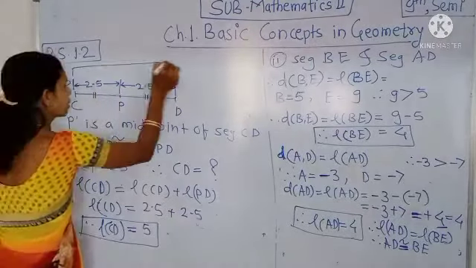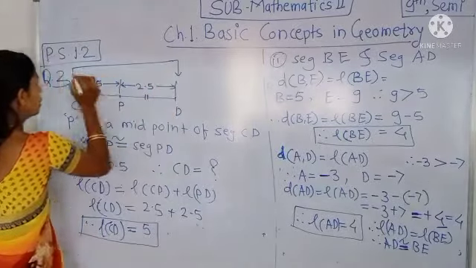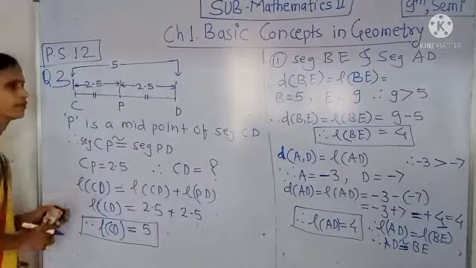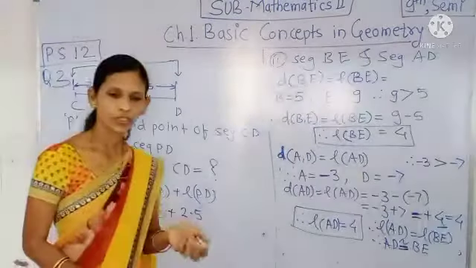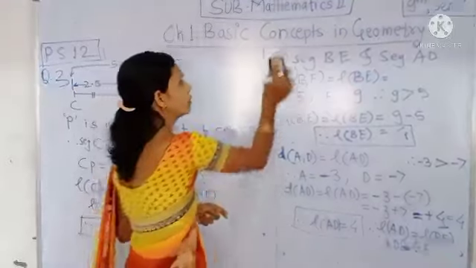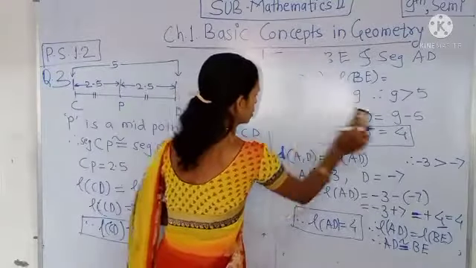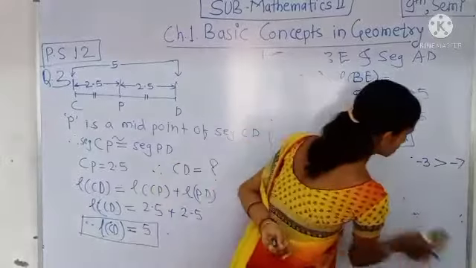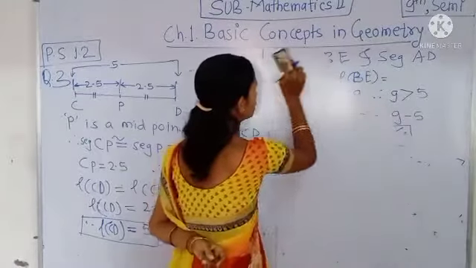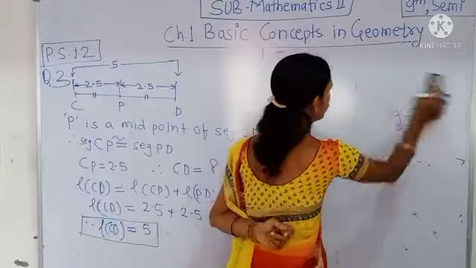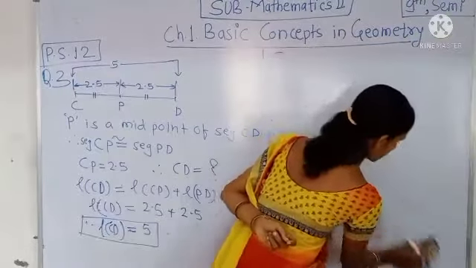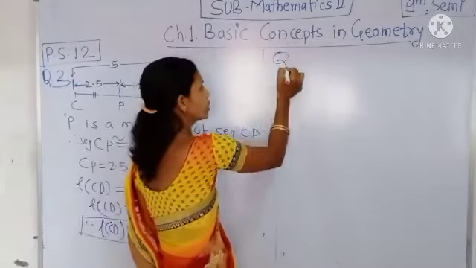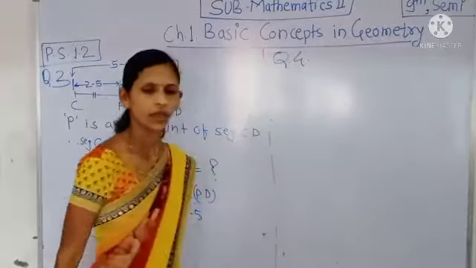Therefore the distance between C and D point is 5 units. Then we can solve the examples given in practice set 1.2 for more practice.